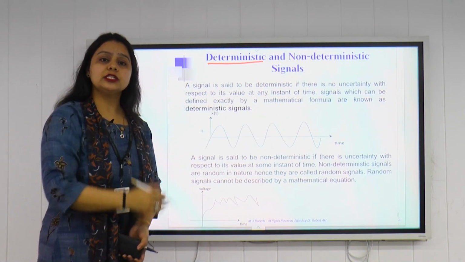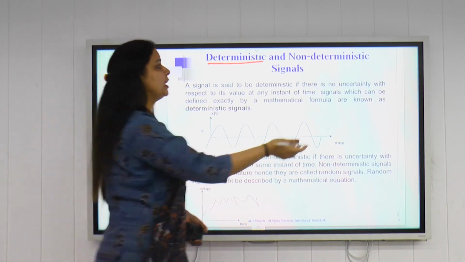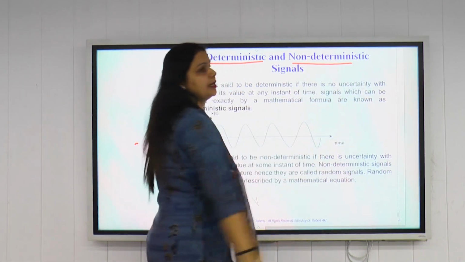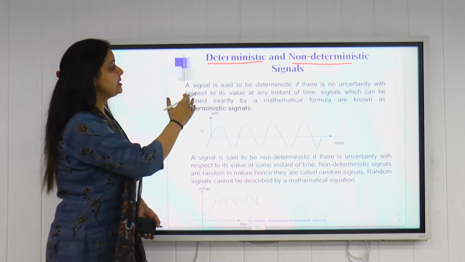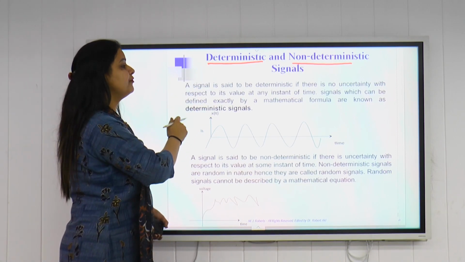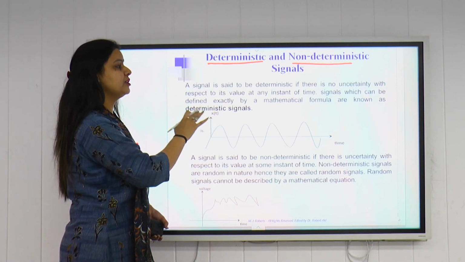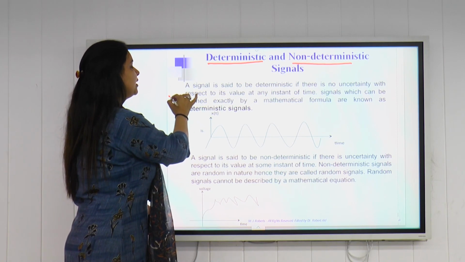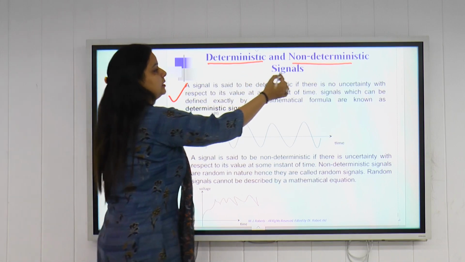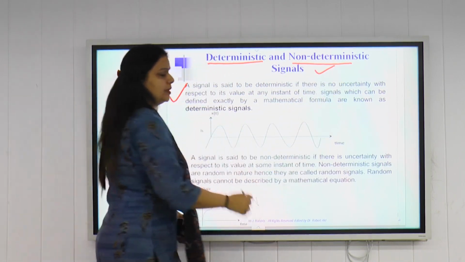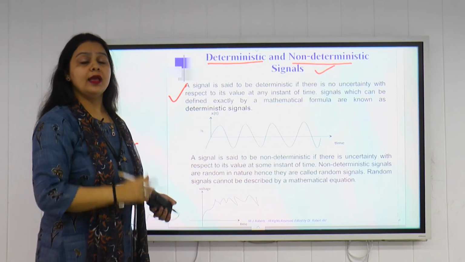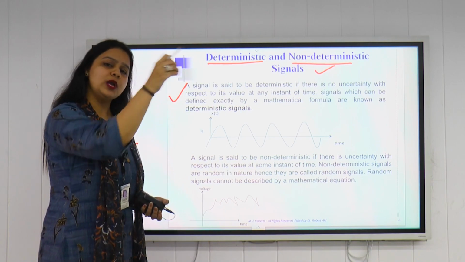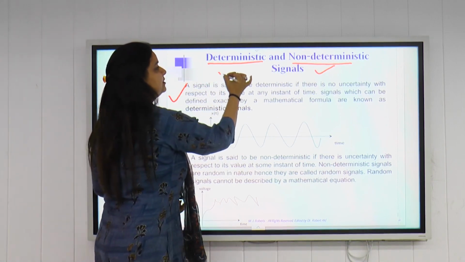And any signals whose value cannot be calculated are known as non-deterministic signals. Any signal is deterministic if there is no uncertainty with respect to the time. Any signal whose value cannot be calculated is known as non-deterministic. In other terms, I can say any signal whose formula is there, that is deterministic.